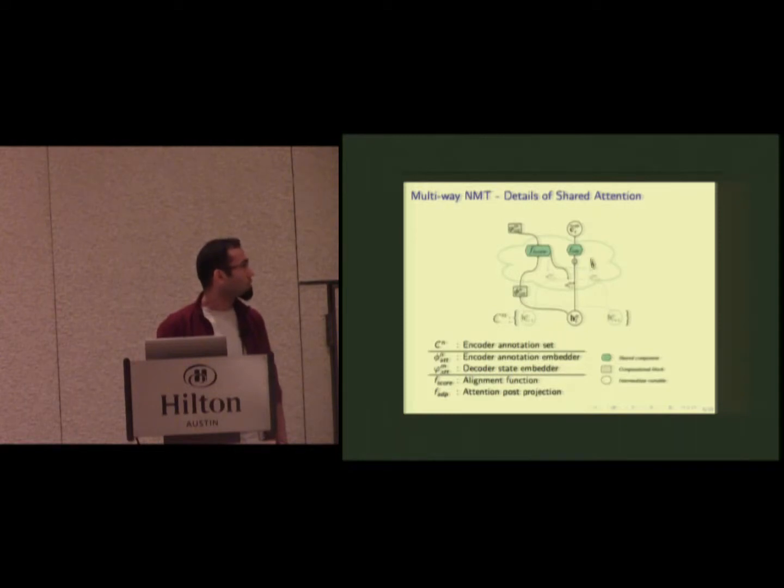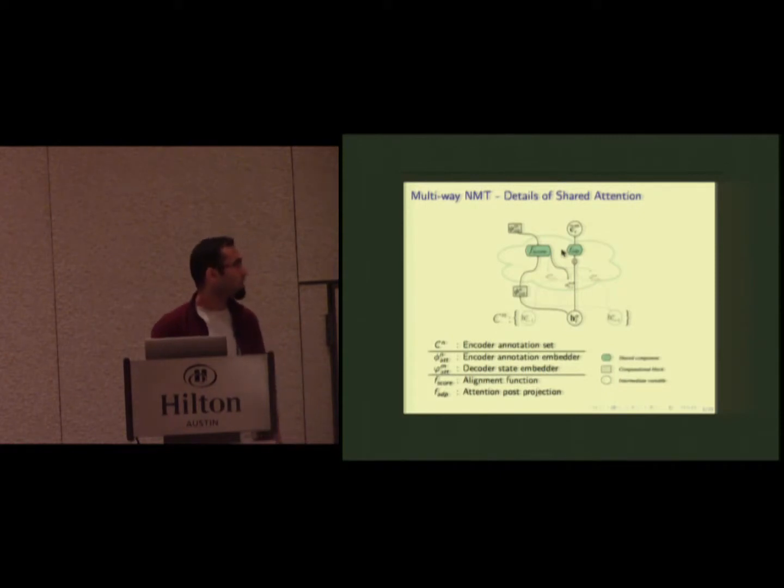And then we take the weighted average of the annotation set according to this alignment distribution. And then another function maps it back to a space that is understandable by the decoder. We can use the superscript here to represent any encoder, and the superscript here to represent any decoder. So it basically says that you can use a single function to control the information passing from any encoder to any decoder.